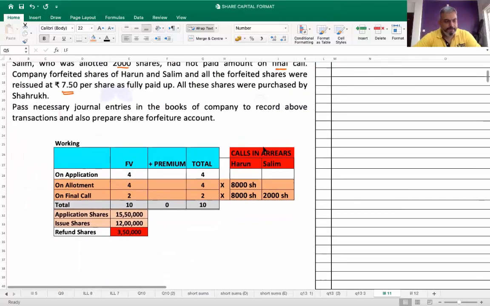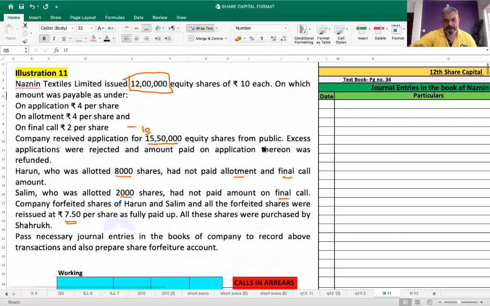First of all, we received application money. Keep calculators handy with you because the calculation is on 12 lakh shares, so keep calculators ready.